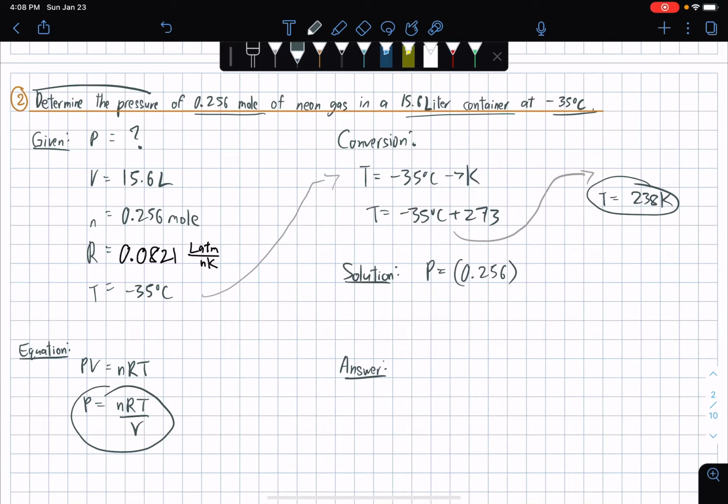So again, P is equal to 0.256 mole, then our gas constant, which is 0.0821 L·atm over mol·K, times temperature, which is 238 Kelvin. Let's continue with the denominator, which is volume, so divided altogether by 15.6 liters.